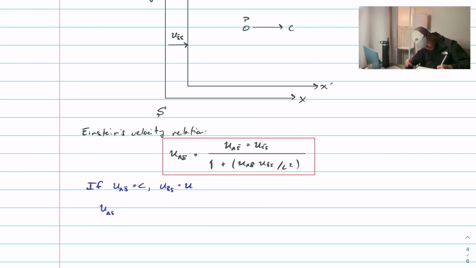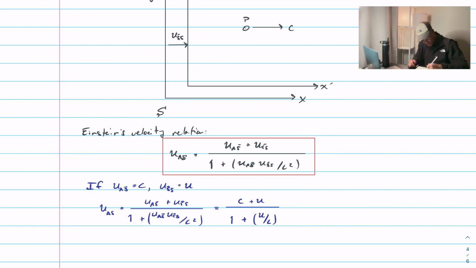So we have u_AS is equal to u_AS bar plus u_S bar S over 1 plus u_AS bar u_S bar S over c squared. After plugging in terms, we have 1 plus u divided by c in the denominator, and in the numerator, we have c plus u.